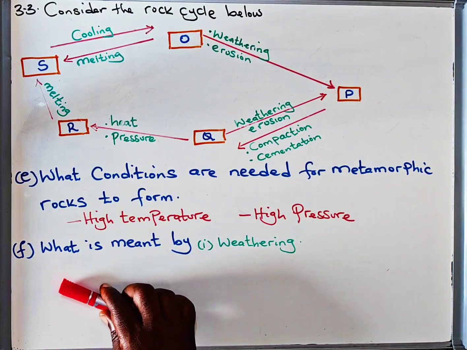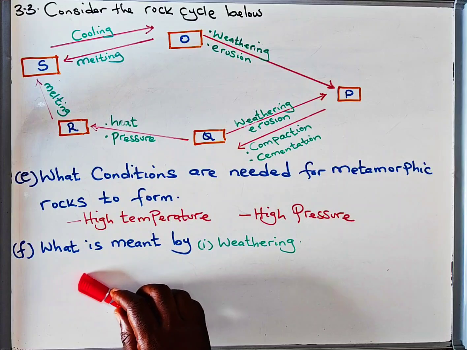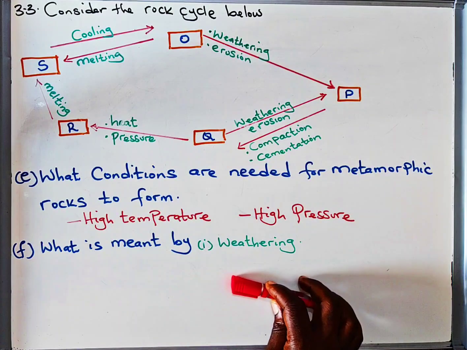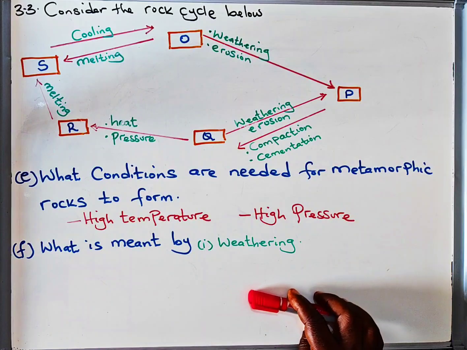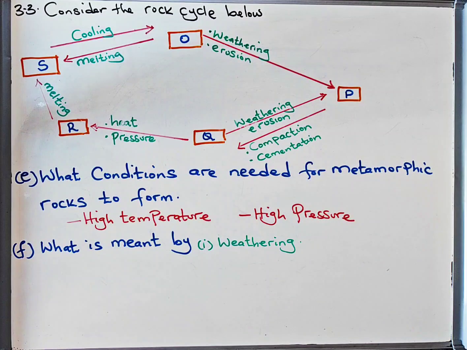Then we come to this question. It says, what is meant by weathering? What is weathering? Weathering is the breakdown of large rocks into small pieces by agents like animals, wind, water, and others.